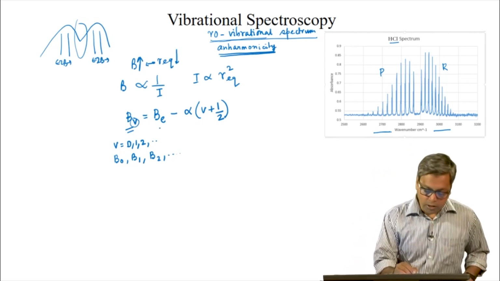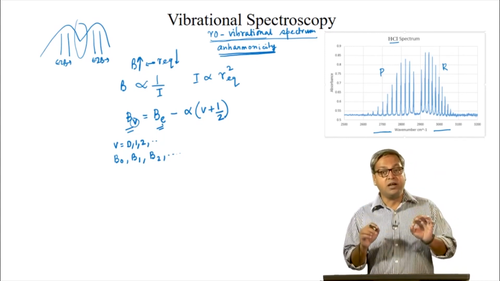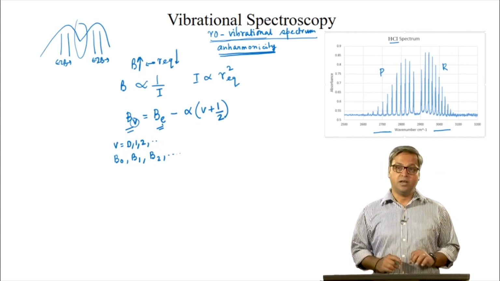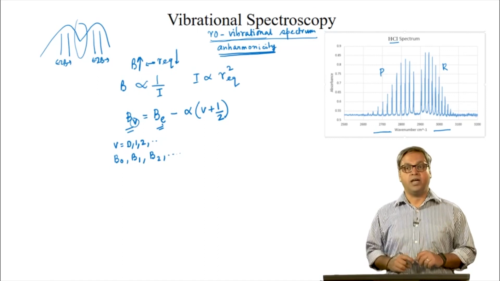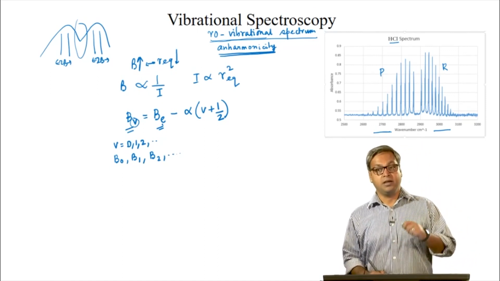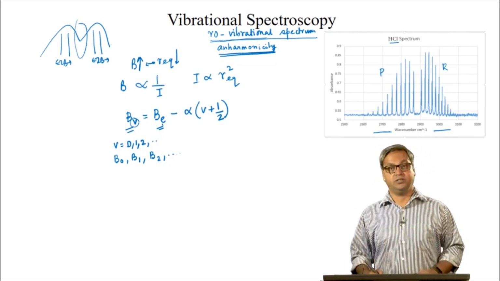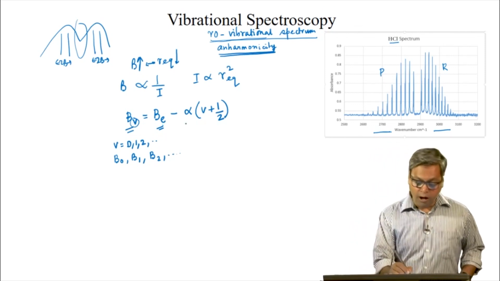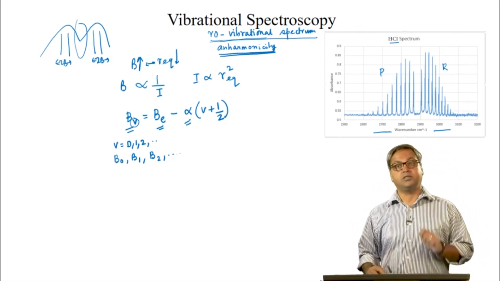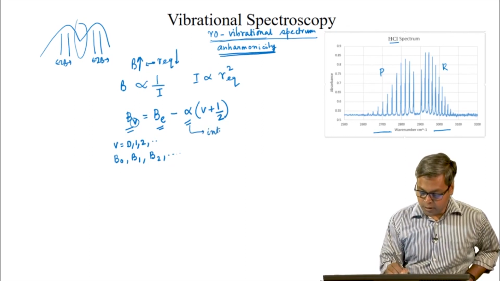This B_e on the right hand side is a hypothetical rotational constant that the molecule will have at the bottom of the potential energy well, that is, when there is no vibrational energy. And alpha is a constant known as the interaction constant.